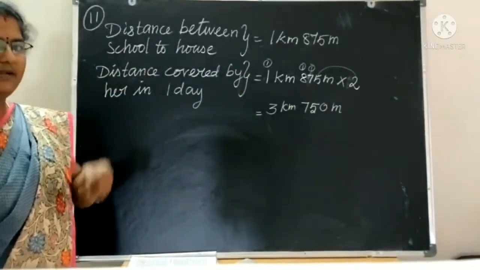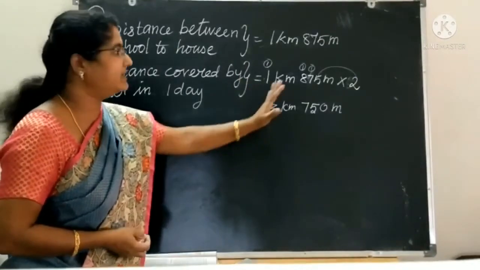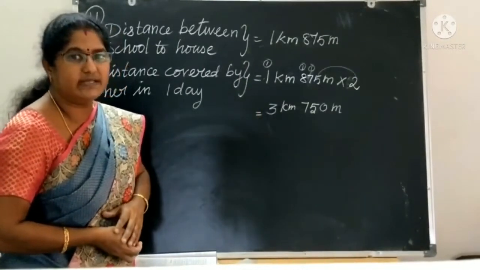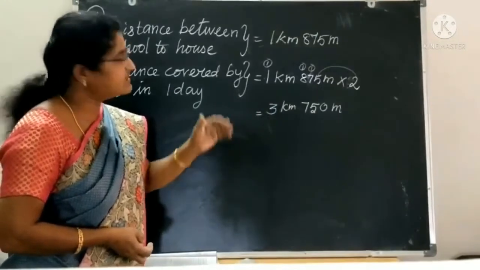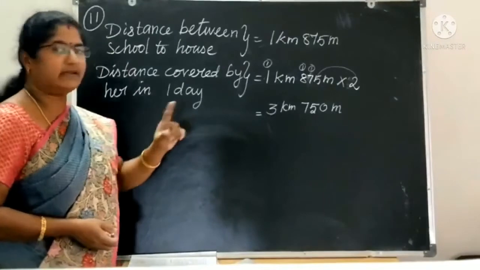This you have already done in the lower classes. The same way, this is multiplying by a single digit, not by units. When you multiply by digits, we keep the units as such. This is the distance covered by her in 1 day.